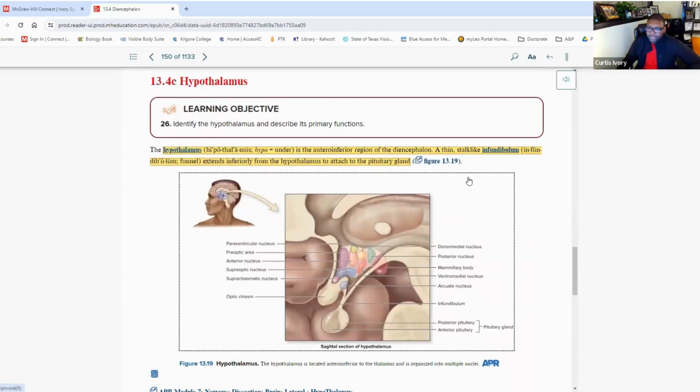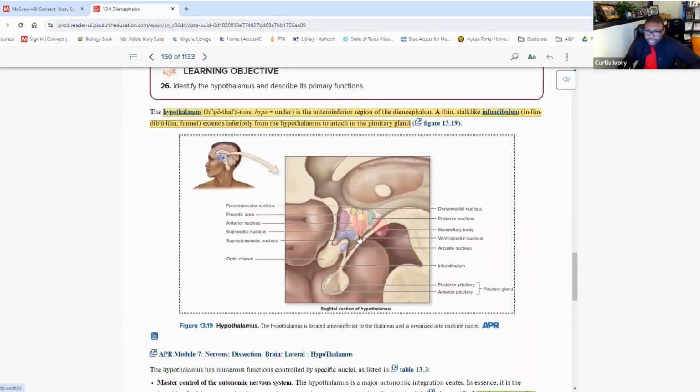The hypothalamus, which is right here, this region right here, has a really big role to play when it comes to hormones, which we will see when we get into the hormone chapter. Here is the infundibulum, which is the little tiny stalk that goes down to the pituitary. The pituitary gland stores a lot of our hormones, like oxytocin, which is our love hormone.